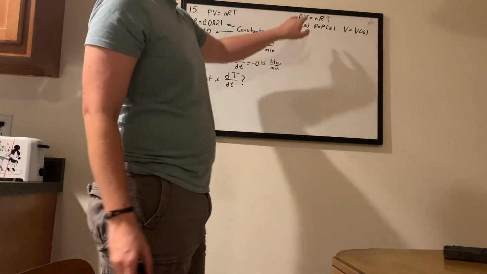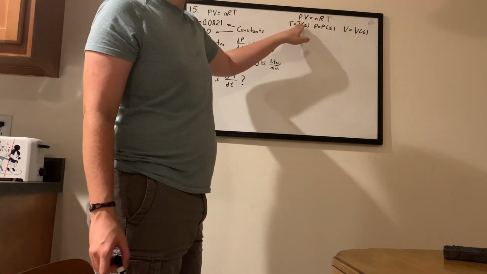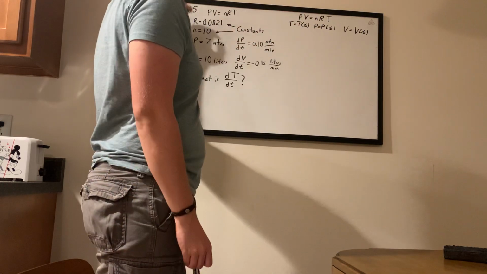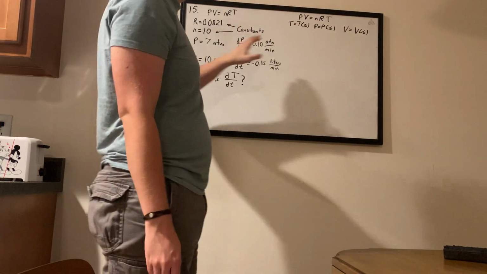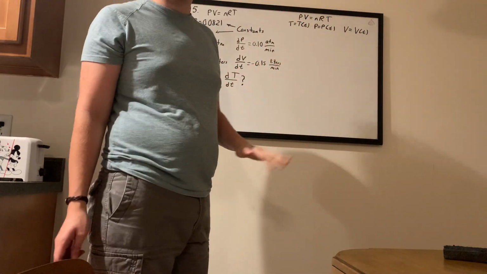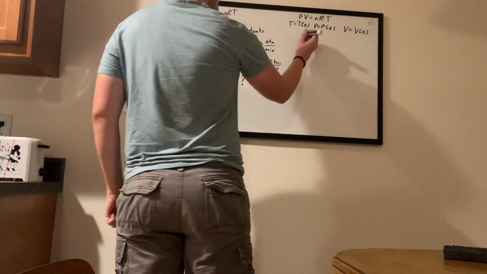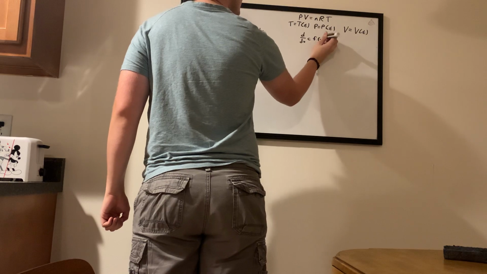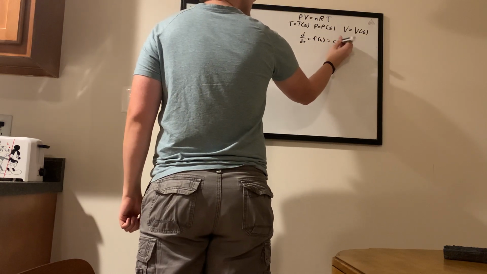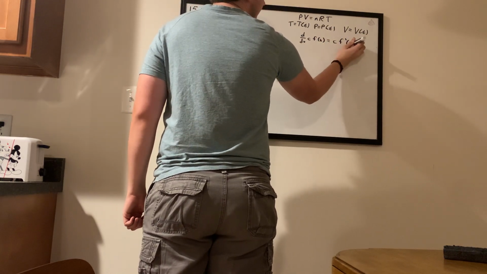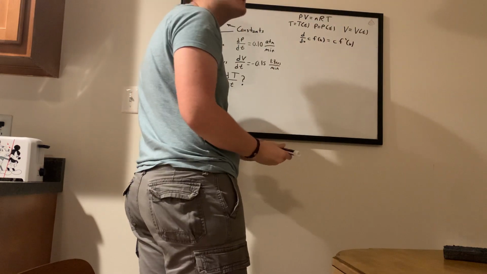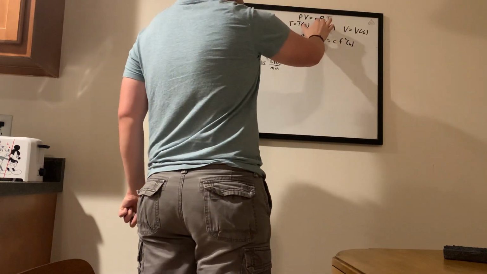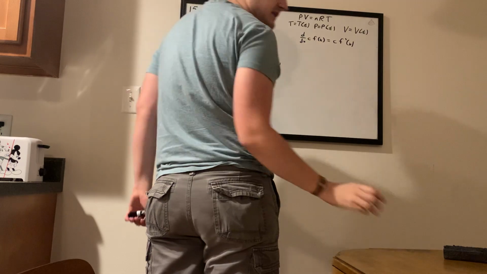On this side, we just have T, and then R and n are constants, as we've said, so there's not going to be any issue there. Remember that if I am taking the derivative of a constant times a function, it is the same thing as the constant times the derivative of that function, or c times f prime of x. So these are both constants, so it doesn't affect the t.